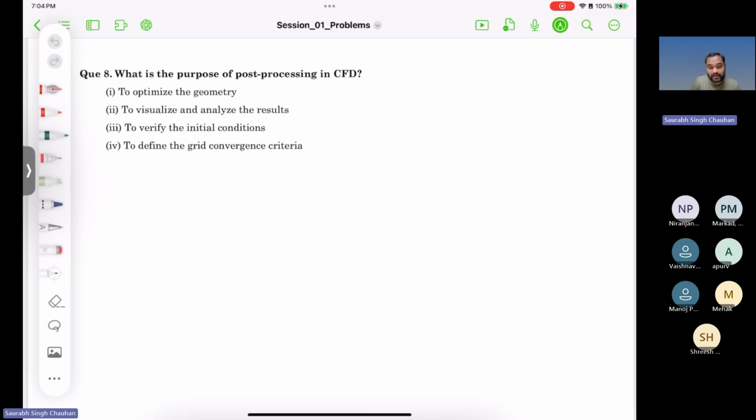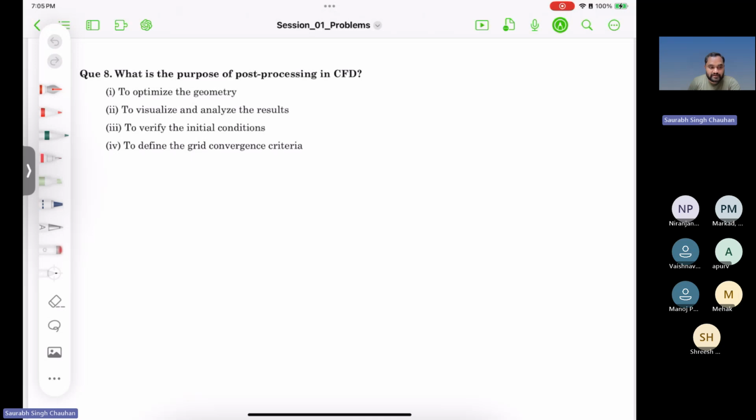You have some prior idea before you get the results: this type of results I am expecting. So if that matches your intuition or physical reality, then you can say we are getting correct results, right? And the third option says to verify the initial conditions.